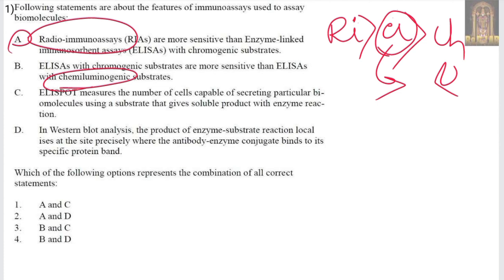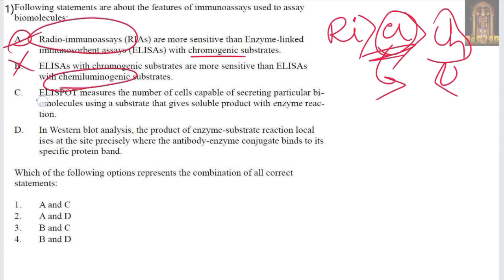So in the first case, it is saying the RIA are more sensitive than the enzyme-linked assay where the chromogenic substrates are in use. That is true. And next, it is saying that ELISA with chromogenic substrates are more sensitive than ELISA with chemiluminescent substrate. That is not true.